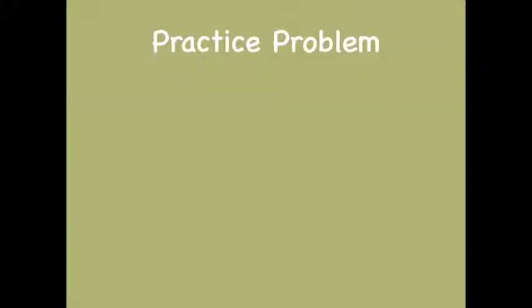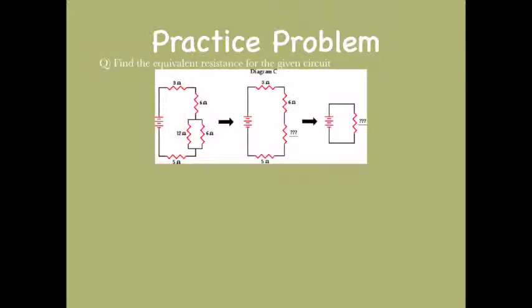So let me solve another problem for you. Here I have two resistances in parallel and three in series. For the parallel part, the equivalent resistance will be given by 1 by 6 plus 1 by 12, whole inverse.